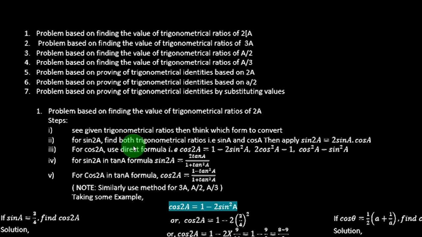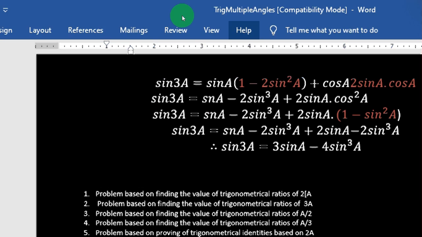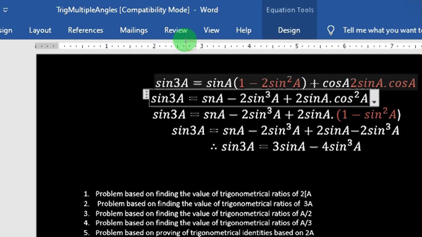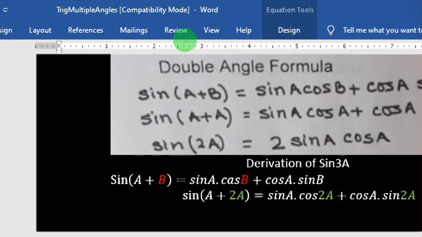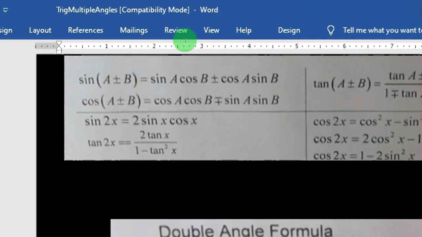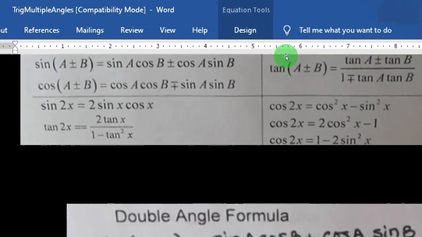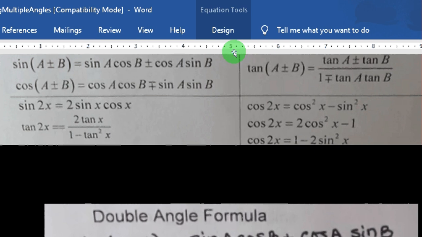First, we can see the steps. The first step is given here: see the given trigonometrical ratios, then think which form to convert to. According to our question we have to convert into a different format. As we have read, cos 2A can be written in different formats: sine format, cos format.